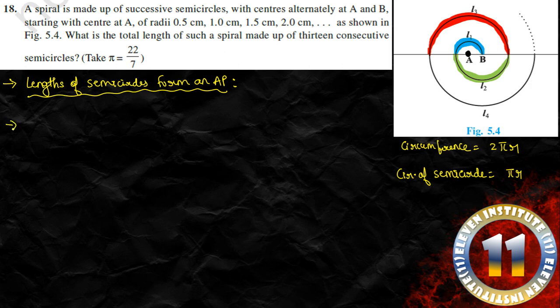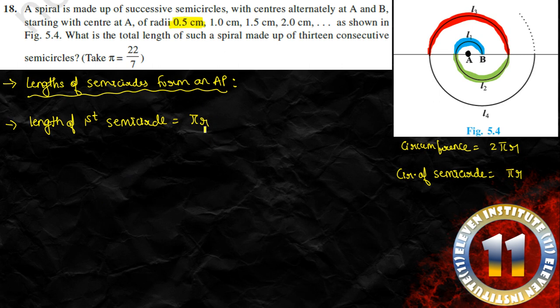So we will find the length of the first semicircle. We have the formula for that, pi r. Now instead of r we have to write the radius. The radius given to us is 0.5 centimeter for the first one.